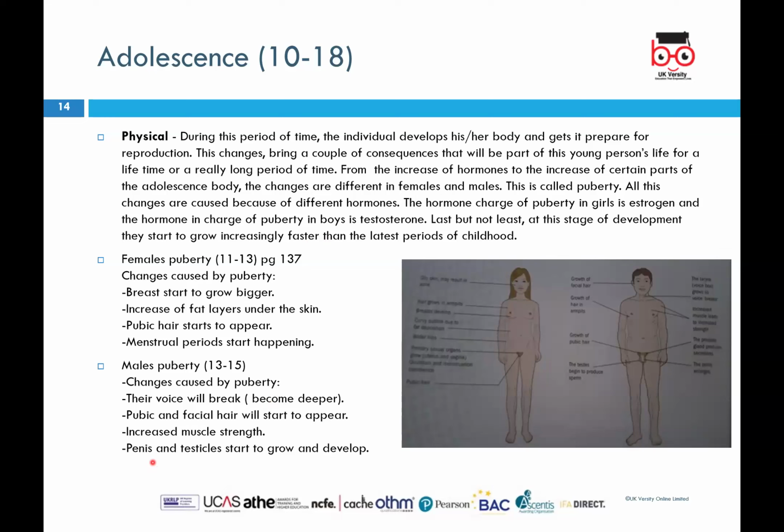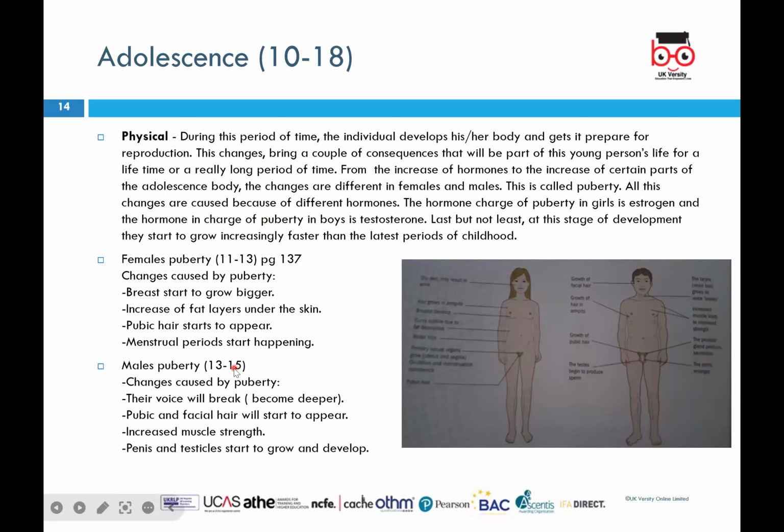For the females, they reach puberty at different ages. There'll be some girls who will reach puberty very early, and some who reach late, but the most agreed ages are 11 to 13 years for females, and 13 to 15 years for males.